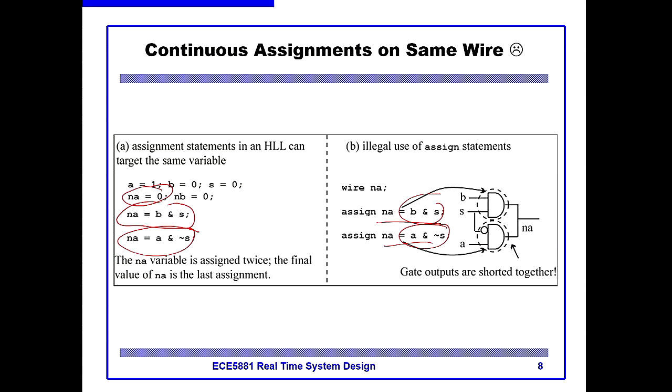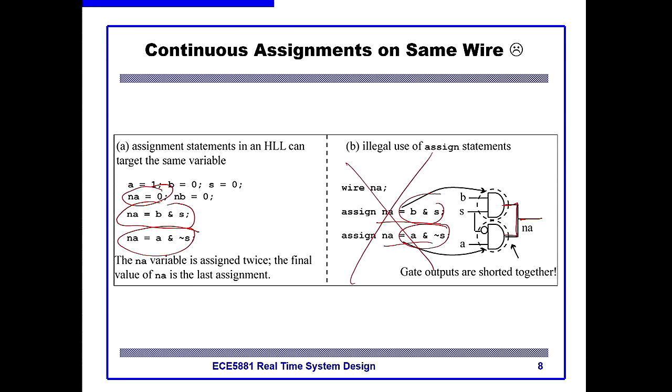So that effectively synthesizes to NA being two things at once, and of course you know you're not allowed to wire the outputs of two logic gates together, because if they drive a different value you get a conflict, and you may end up with an invalid voltage in the digital system. So this is not allowed.